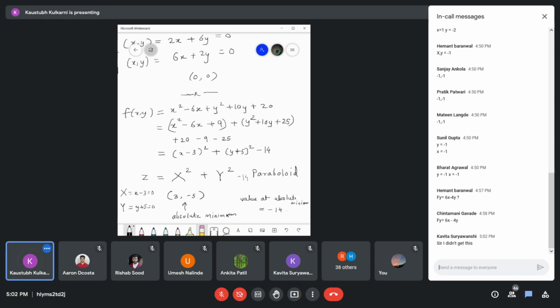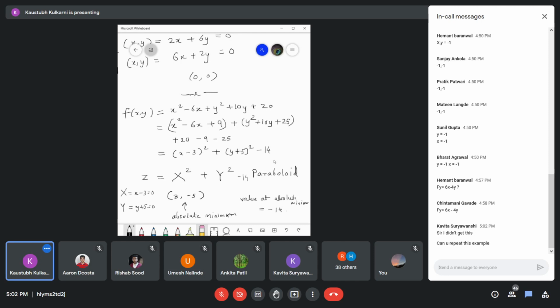Okay, fine. I'll try to show you a figure of a paraboloid, then it will be clearer, I think.